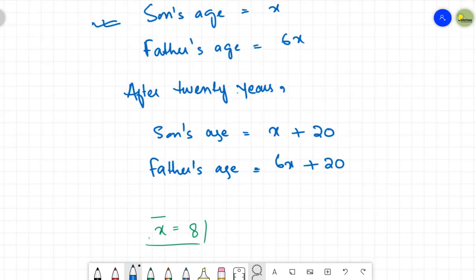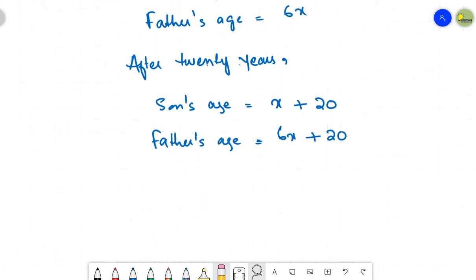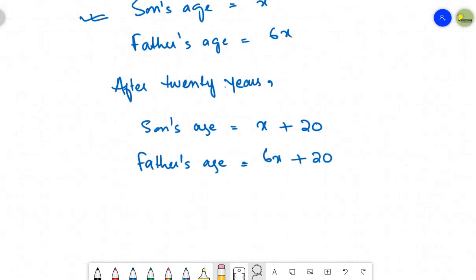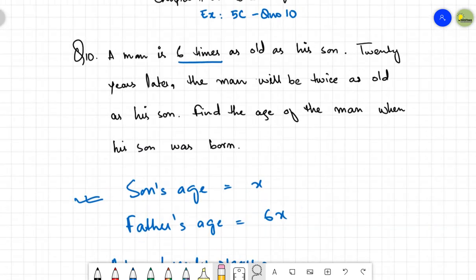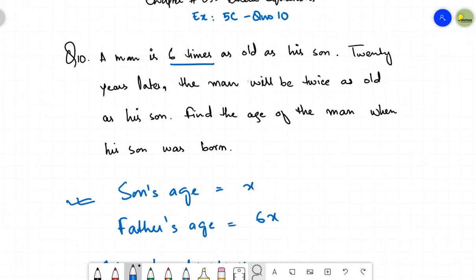Now, if this is clear, I am moving towards the linear equation that I can have by looking at this particular line. After 20 years, the man will be twice as old as his son.